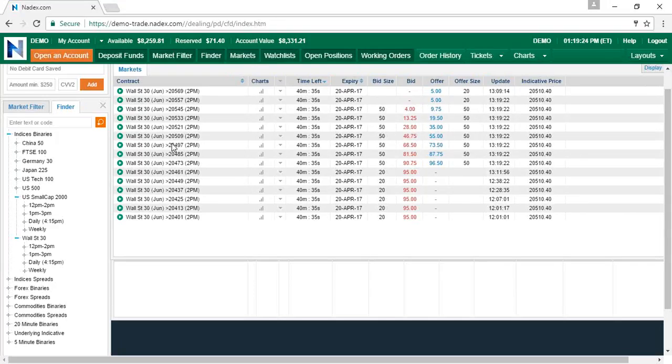Which one is the at the money binary? 509 strike and 510, right around $50. But if the market moved up 12 ticks, here we're at 12 ticks difference, then it would be this one that's priced closer to 50.